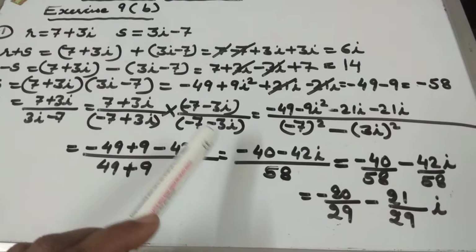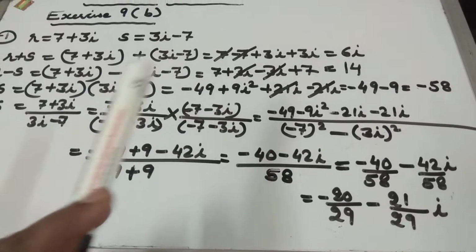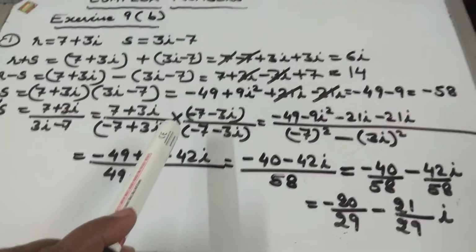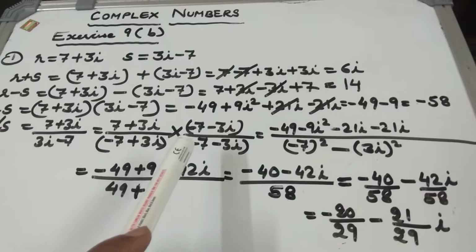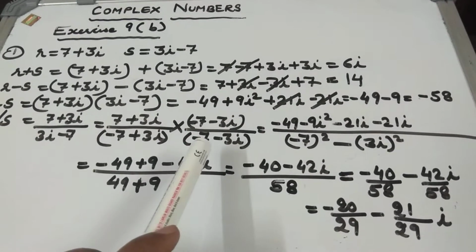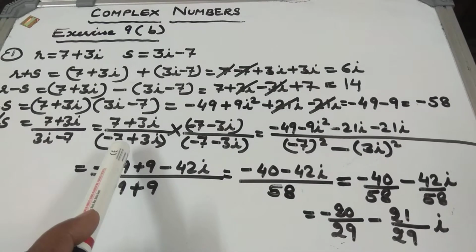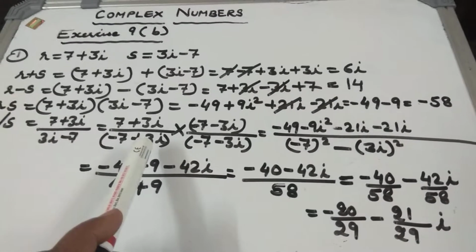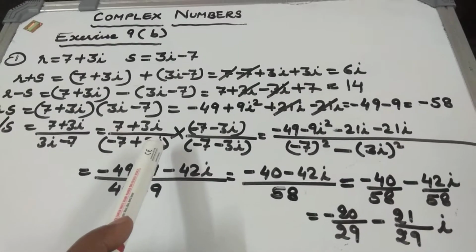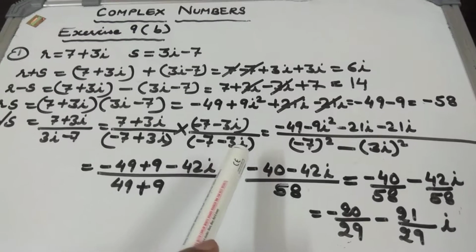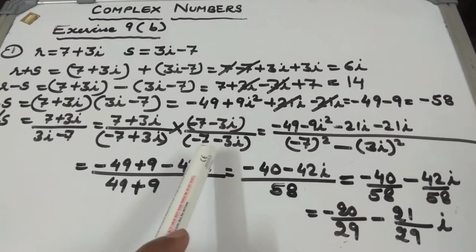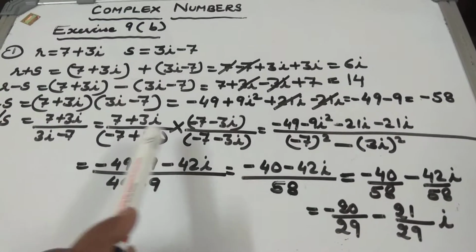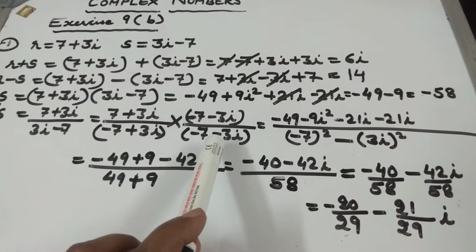Now in order to simplify or divide this, I told you the first step is to multiply by the conjugate of the denominator. The conjugate means changing the sign of only the imaginary part. So minus 7 minus 3i will be the conjugate of the denominator. Multiply numerator and denominator both.